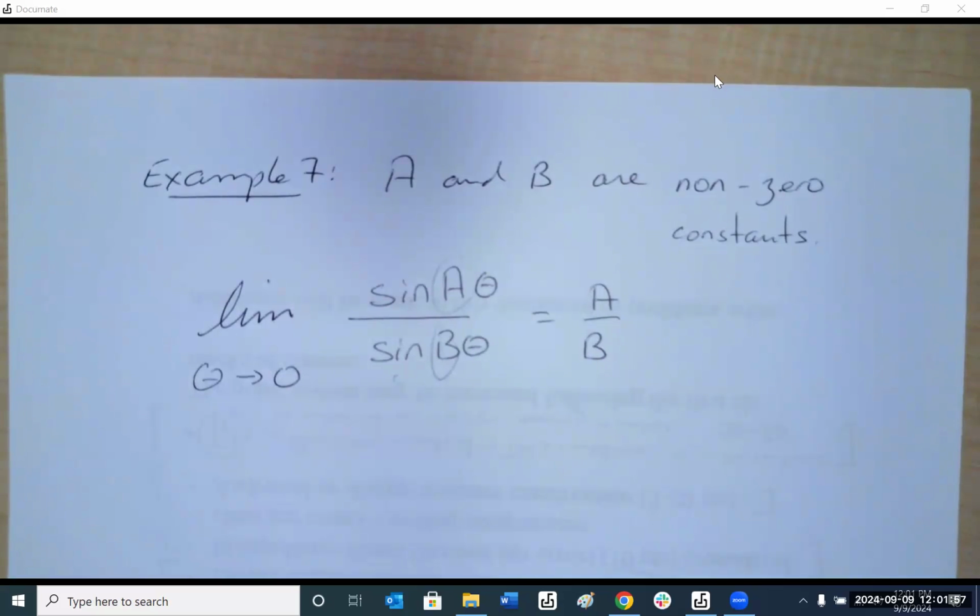Sine over sine is 1? Yes, but you can't do it that way because A and B are different. It's like sine of pi over 2 and sine of 3 pi over 2 or whatever. So they don't have to be the same.